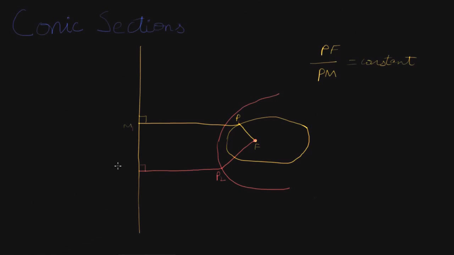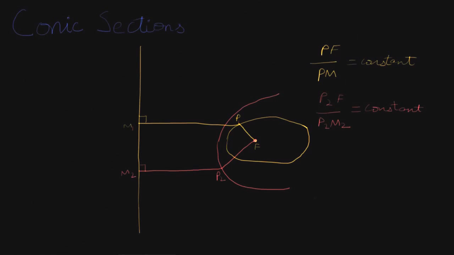This is M1 and this is M2. I'll find that the ratio P2F by P2M2 is another constant. Note that these two constants won't be the same, as they are representing two completely different curves. This one happens to be an ellipse and this one is a parabola.